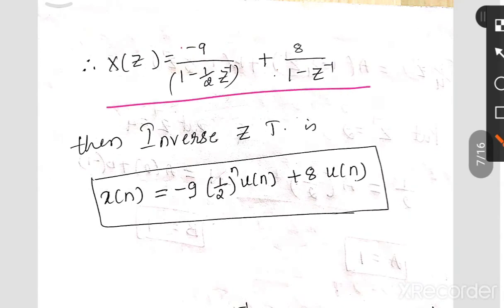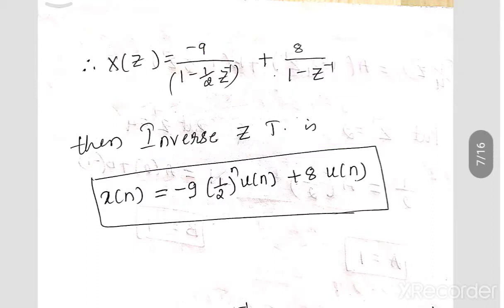X of z is equal to A value, which is minus 9, divided by that factor, plus B value 8 divided by 1 minus z inverse. Let's take the inverse z transform for this.